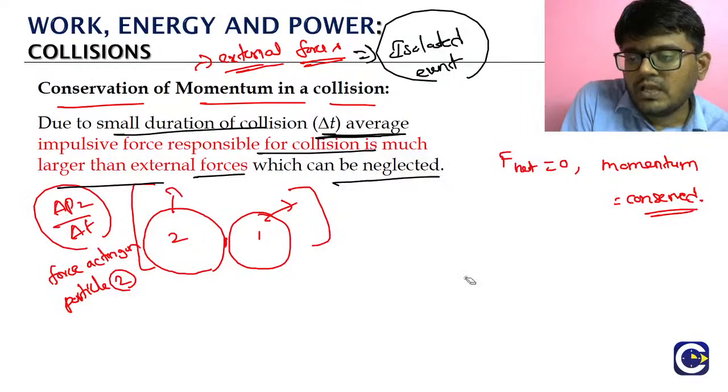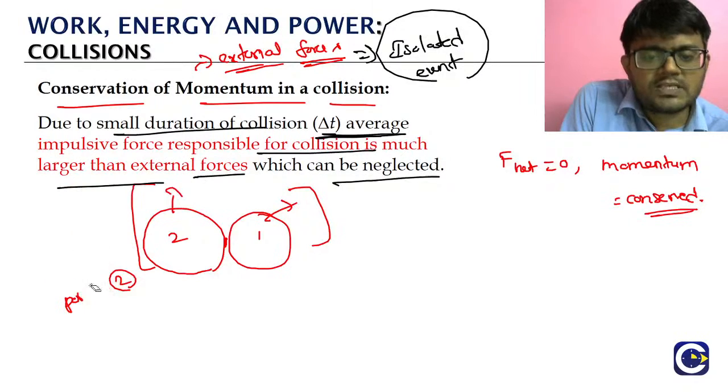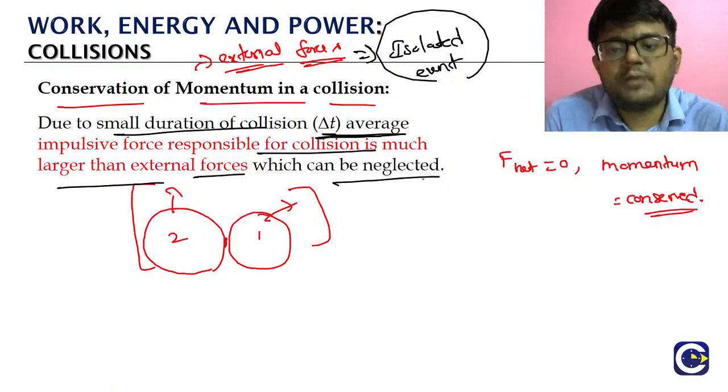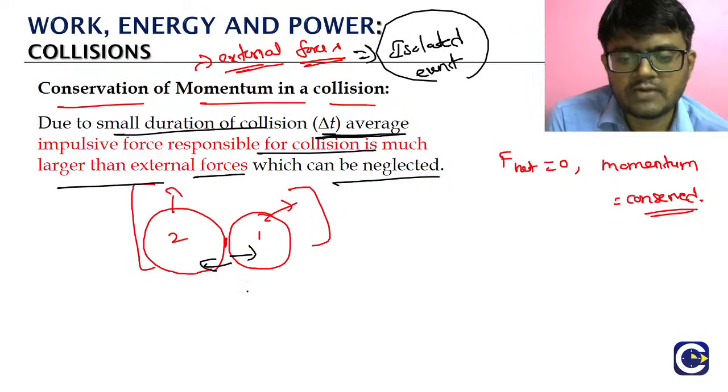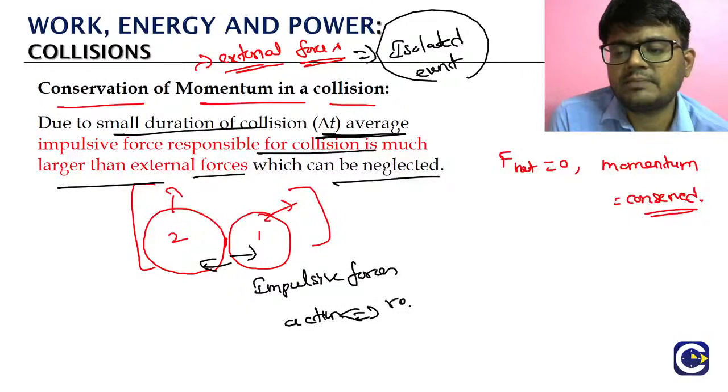When we say impulsive force is acting on object 2, that is because of object 1 only. Impulsive force on object 1 is because of object 2. So the impulsive forces are basically an action-reaction pair, internal forces.